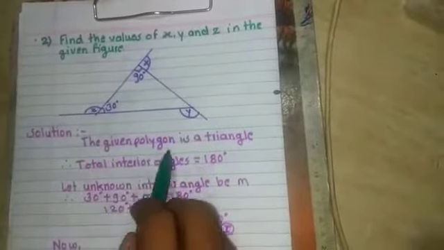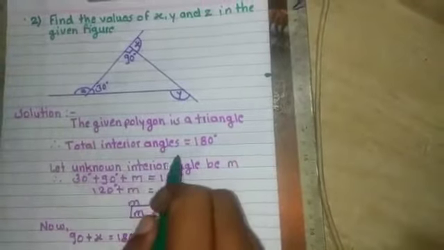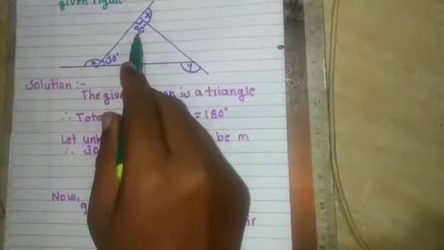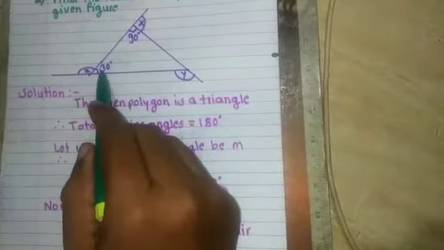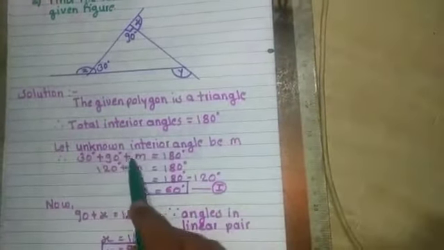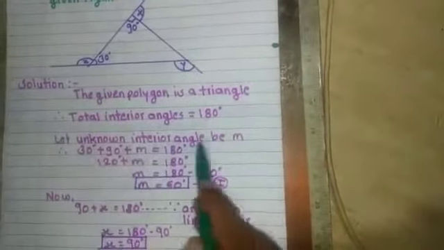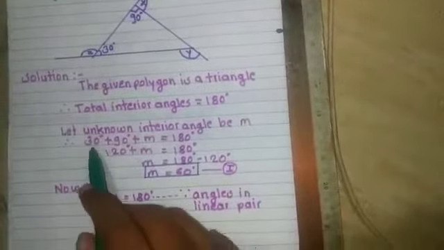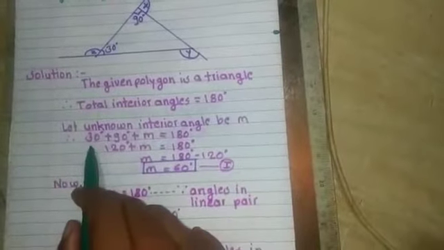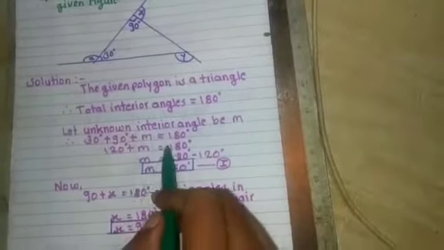As the given polygon is a triangle, you know that the total interior angle sum of a triangle is always equal to 180 degrees. But in these three angles we require one. One is given as 90 degrees, another is 30 degrees, and the next we have to find out. Let this unknown interior angle be m. As the interior angle total is equal to 180 degrees, we equate: 30 degrees plus 90 degrees plus m is equal to 180 degrees.